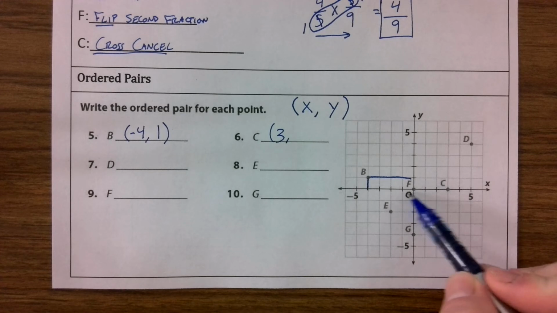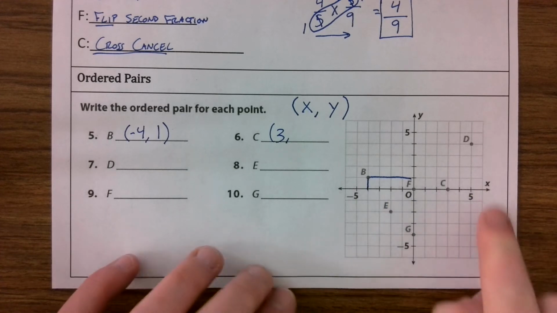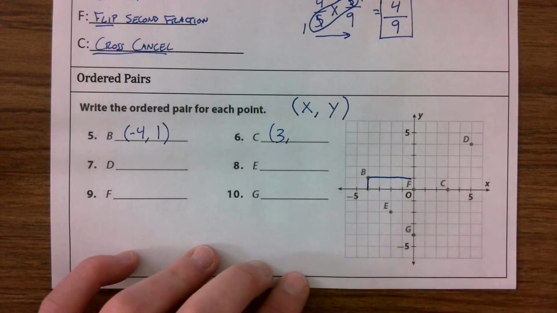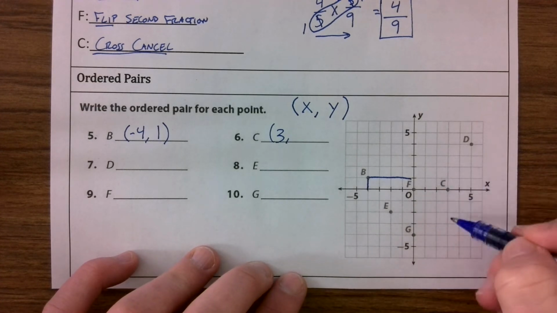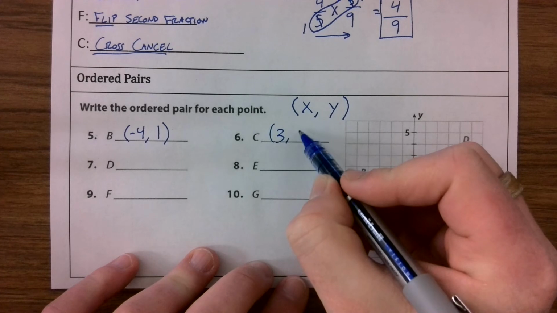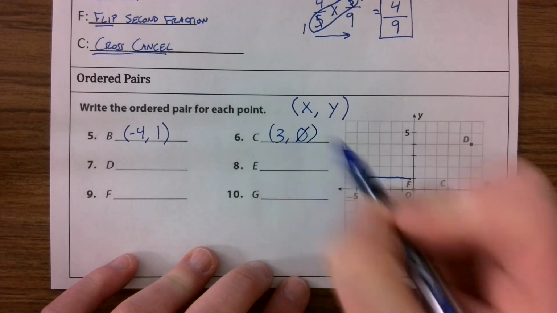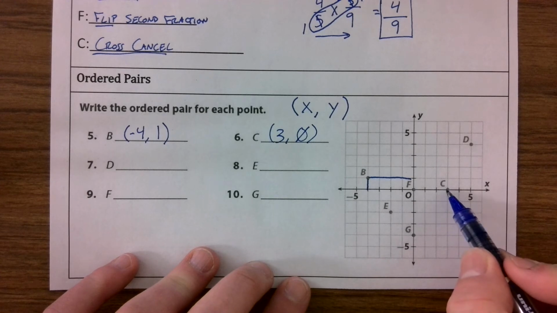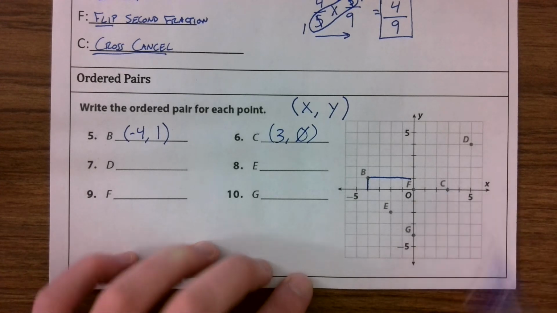Because C is on the x-axis, and the x-axis crosses y at 0, that means C is at 0. We don't go up or down from the x-axis. So C tells us we go to the right 3, 1, 2, 3, and then we go up and down 0. So we don't move, and we're at C.